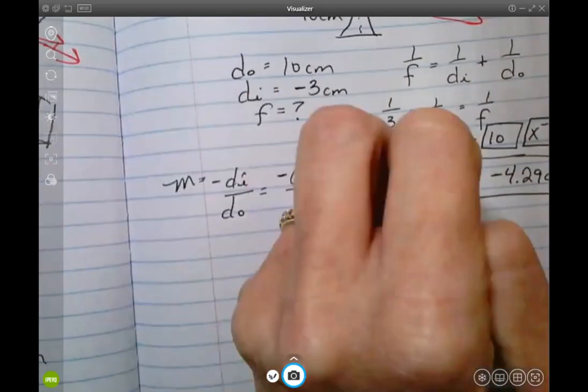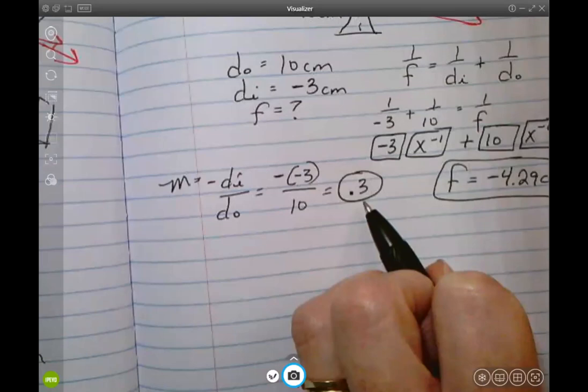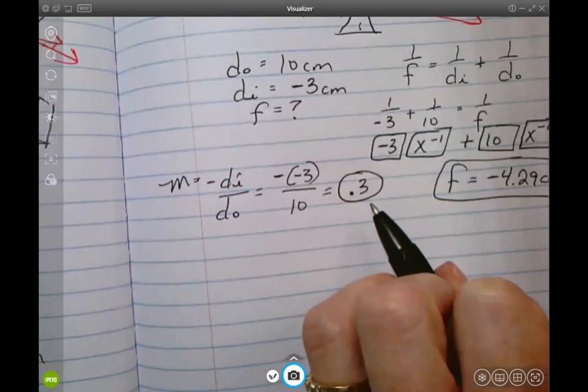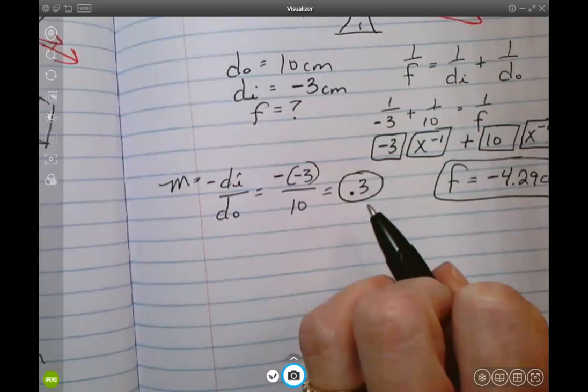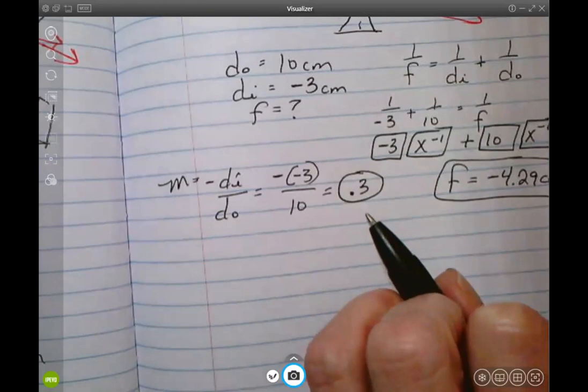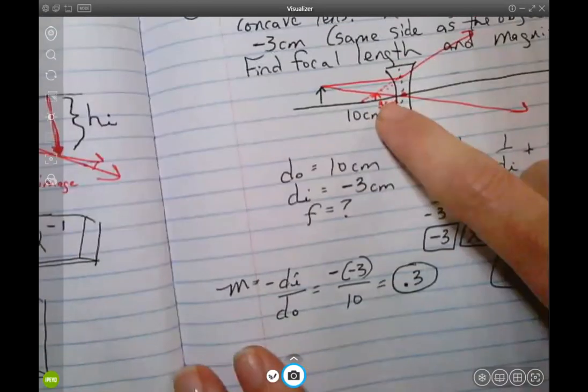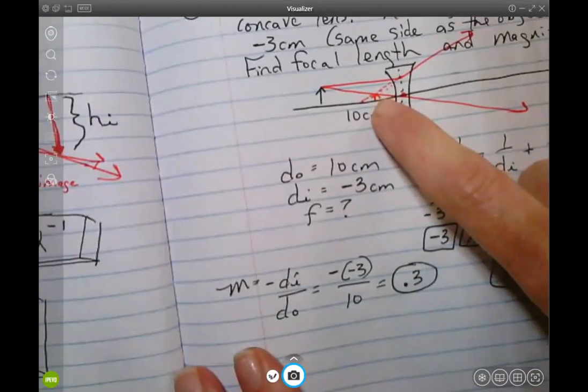Now, does that make sense? Is the image larger or smaller? Smaller by a third, actually. If you were the object, your image would be a third of your height. It's just smaller, which makes sense in our picture because we did draw a smaller image here.